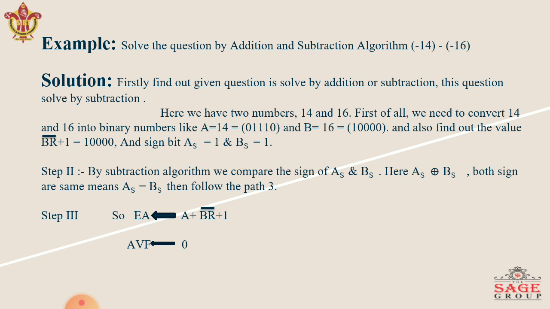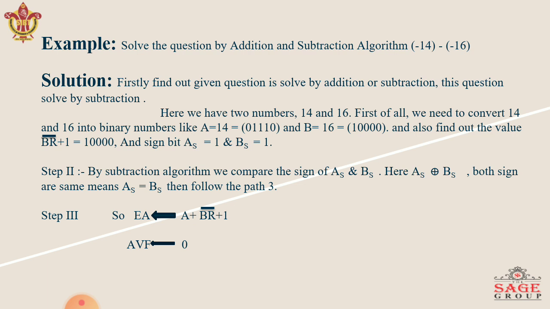Now step number 2, by the subtraction algorithm we compare the sign of AS and BS. Here AS XOR BS, both signs are the same, means AS equal to BS. Then follow the path number 3.